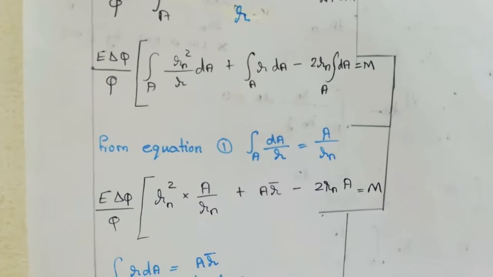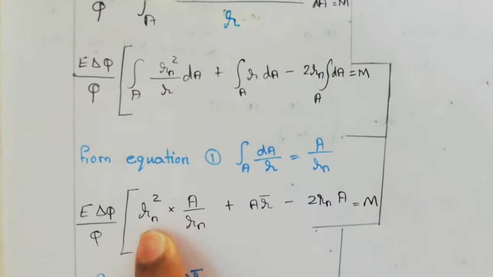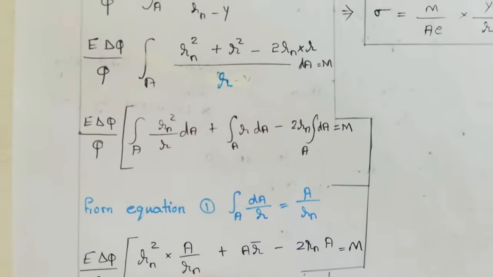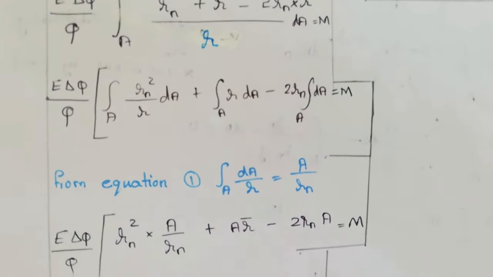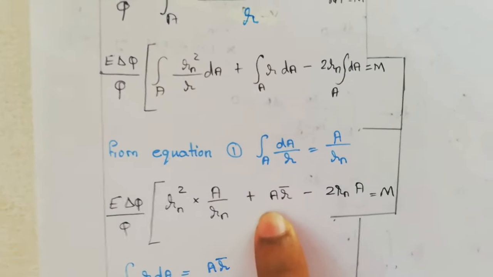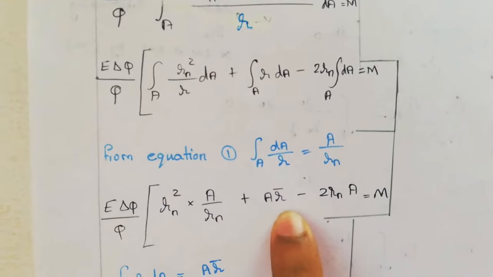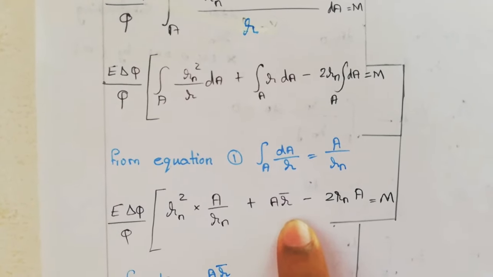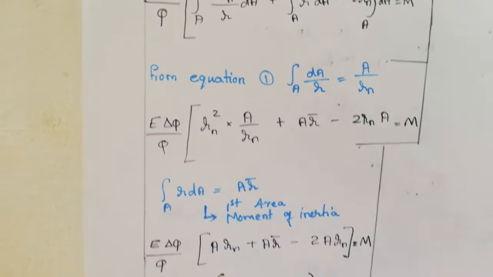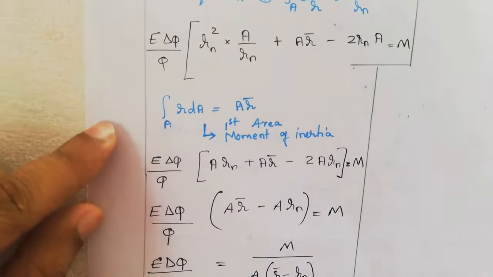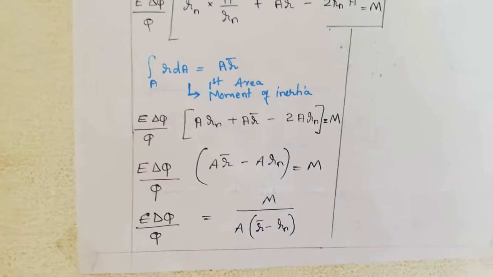For solving that, we will get Rn square into A by Rn, A by Rn instead of the integral over the area A of dA by R. A into R bar. R bar is the centroidal axis distance. And by solving, we will get this form.